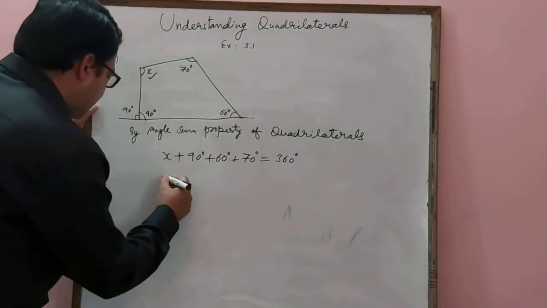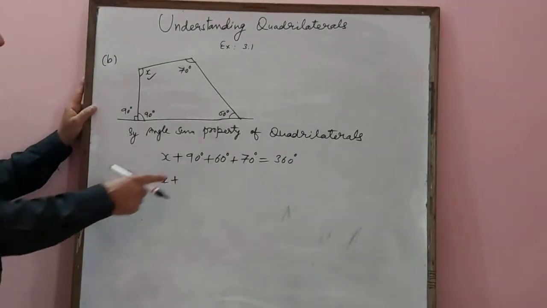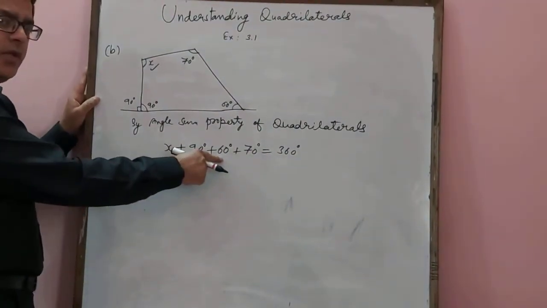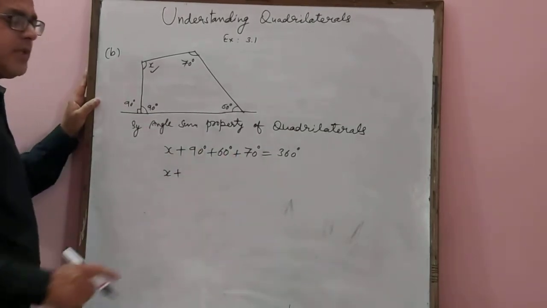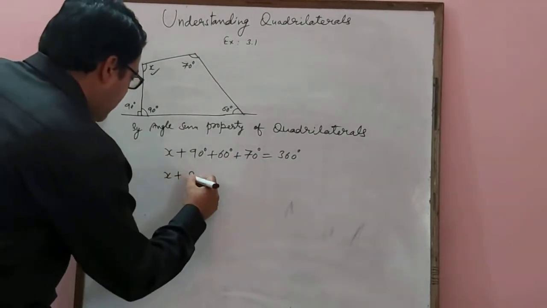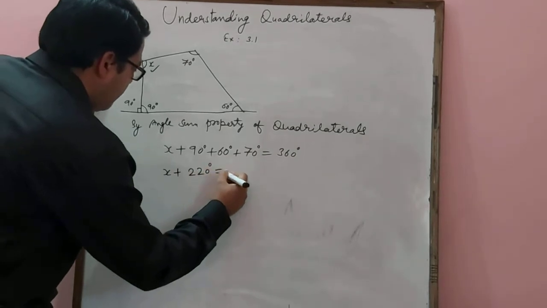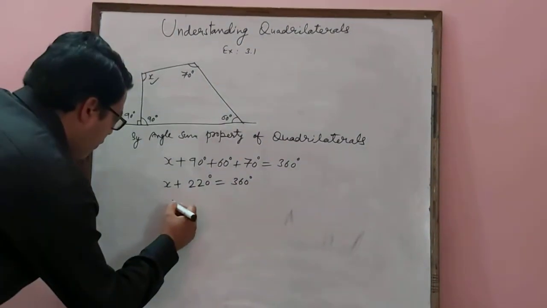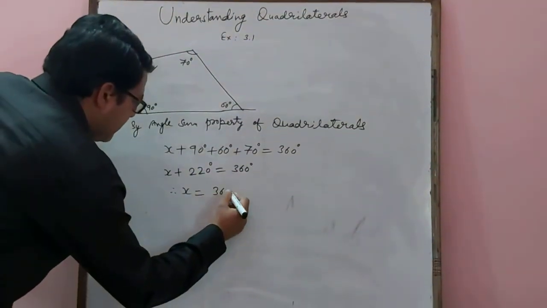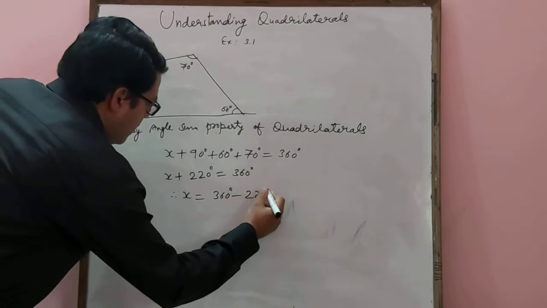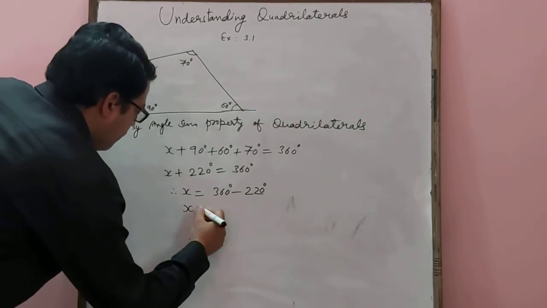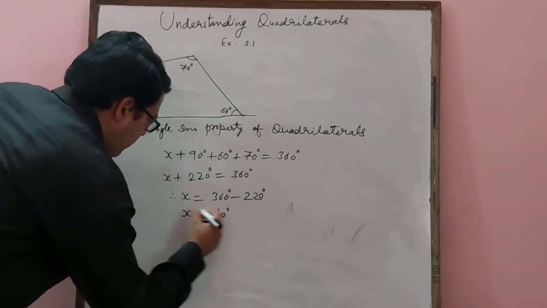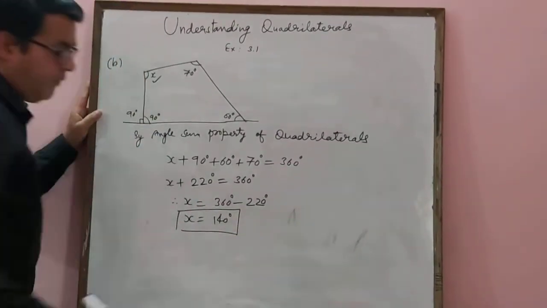Now X we can write as it is, and we have to add all these together. 90 plus 60 is 150, and 150 plus 70 is 220. Right guys? Therefore X equals 360 degree minus 220 degree. X equals 360 minus 220, which means 140 degree. So this is the value of X.